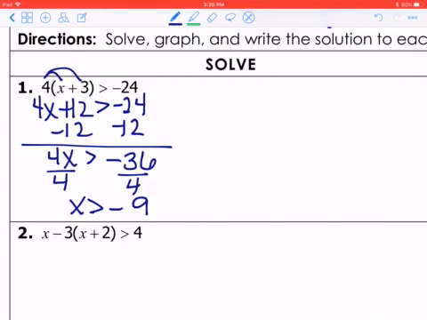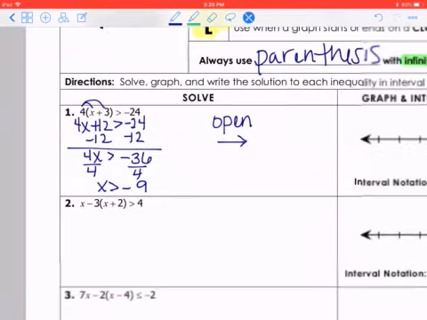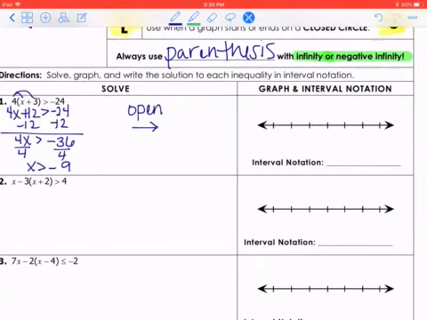Okay, because we have just a greater than sign, it's going to be an open circle, and it's pointing to the right, so we're going to shade to our right. So go ahead and label your number line. Okay, negative 9, negative 11 goes to the left, negative 7 on the right.